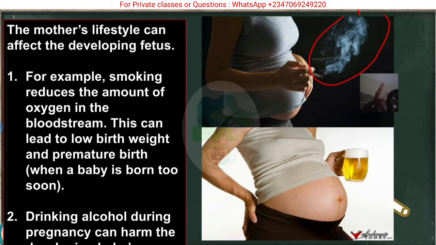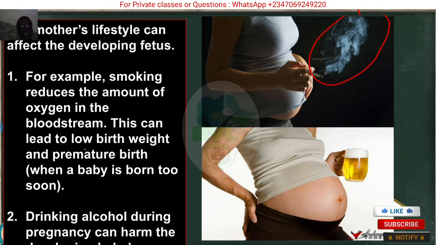Don't forget that oxygen is what helps us to make energy by respiration. So if oxygen available is reduced because of the smoking, that means there will be less energy, then the child will be born with low birth weight, or someone can even be born prematurely.